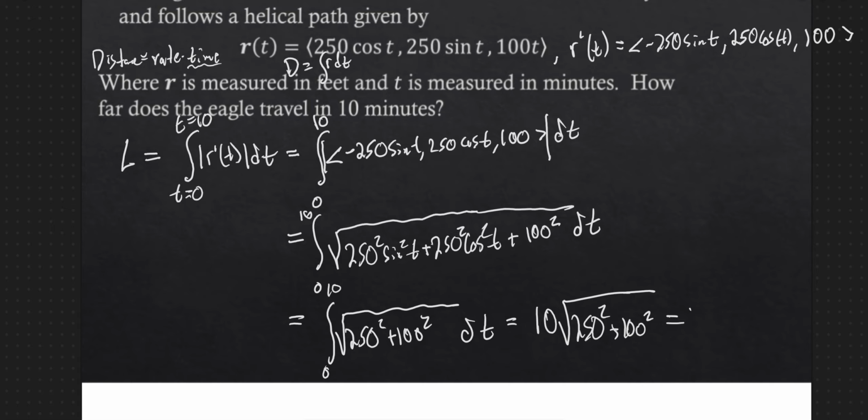I get 2,692.58, to 2 decimal places of accuracy, and this is in feet. So over those 10 minutes, it travels this many feet. That's the length of that spiral shape as we go up. That's the actual length of the spiral. Anything else? Nope. That about does it. Good work.